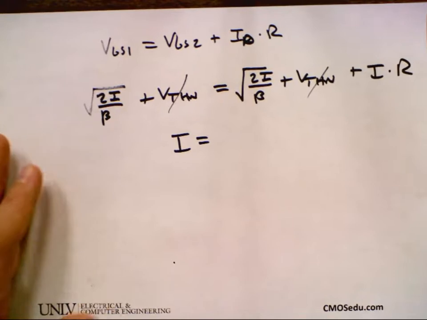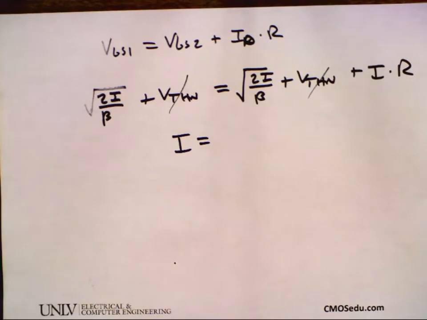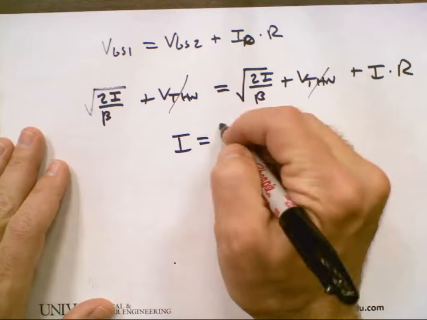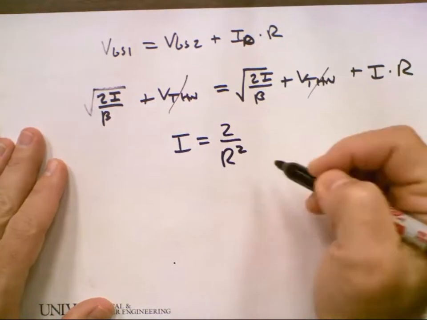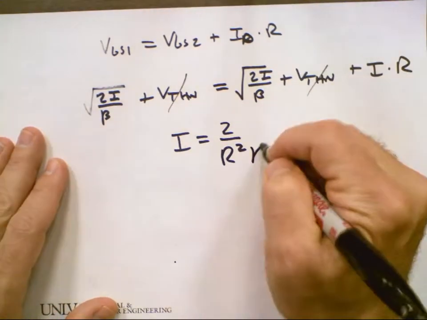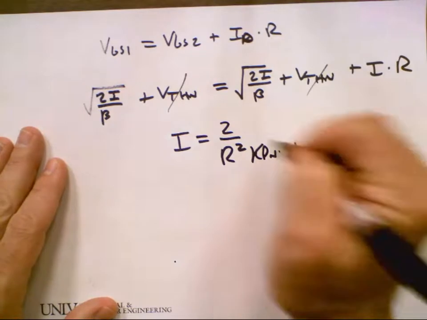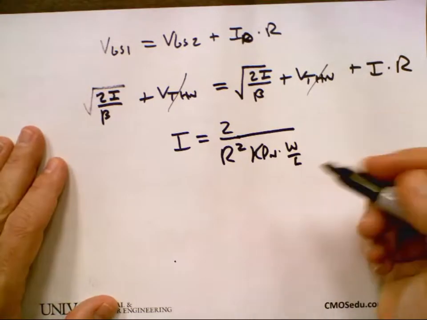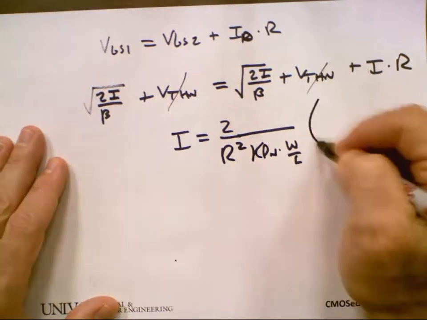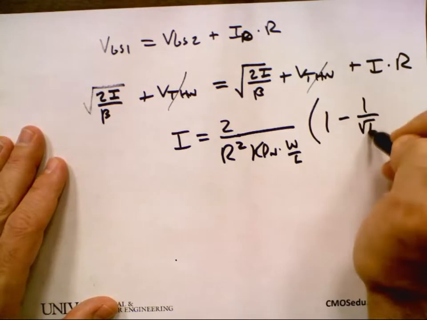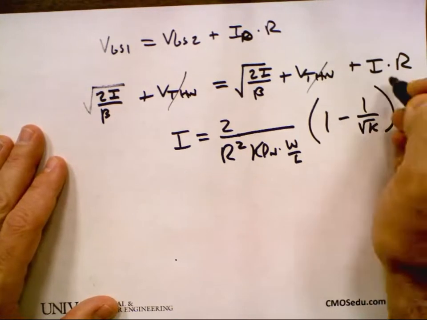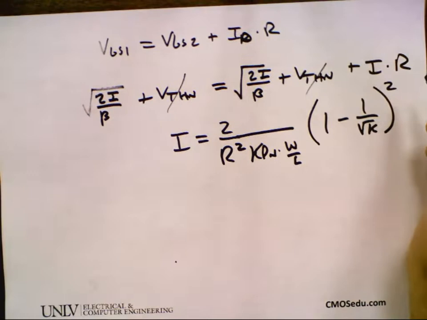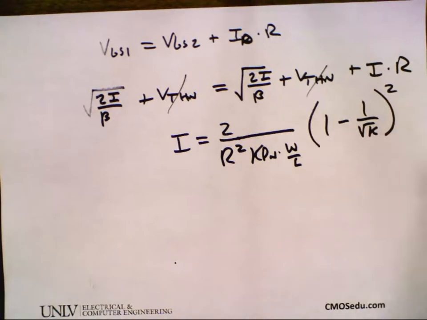2 over R squared times Kp sub n times W over L times 1 minus 1 over root K. But that's not really what we want, is it?